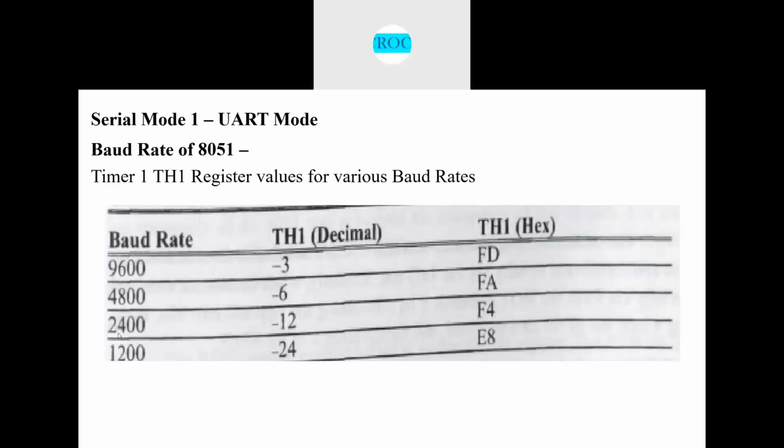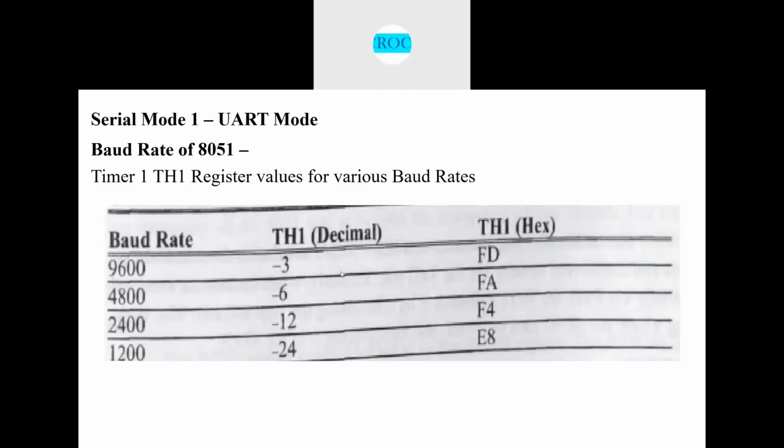Similarly, to set a baud rate of 2400, the initial count value loaded in TH1 is minus 12 in decimal or F4H in hexadecimal. Similarly, to set a baud rate of 1200, the count value loaded in TH1 is minus 24 in decimal or E8.